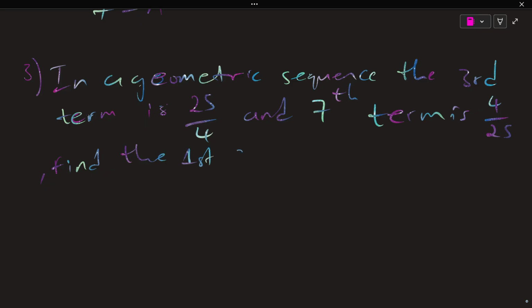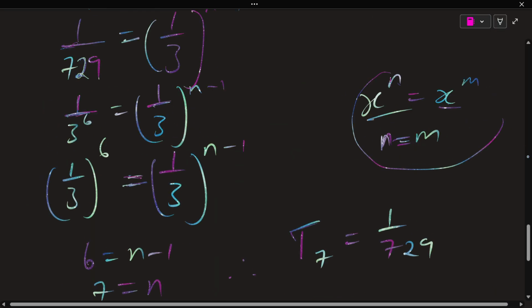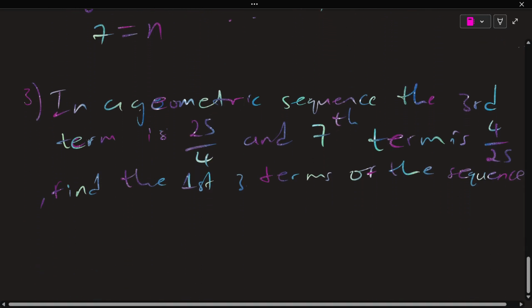Now we're being required to find the first 3 terms of the sequence.